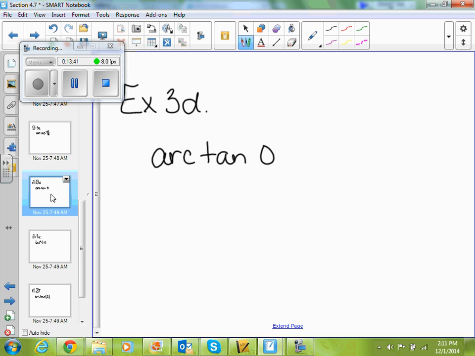I'll go on to tangent. So I'm given arctangent of 0. And tangent, I'm just going to set equal to some random letter because tangent isn't actually a letter that appears on your graph. Tangent is always y over x.